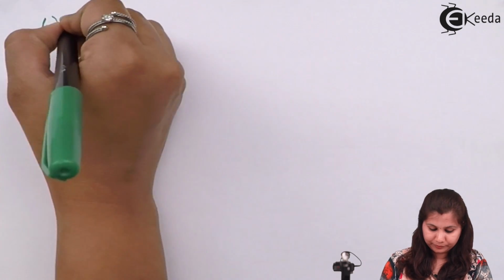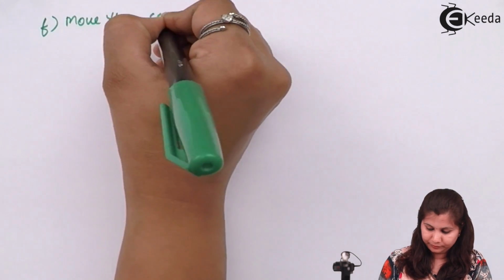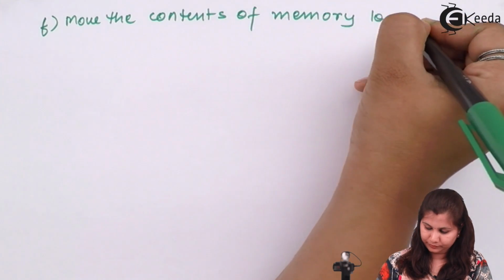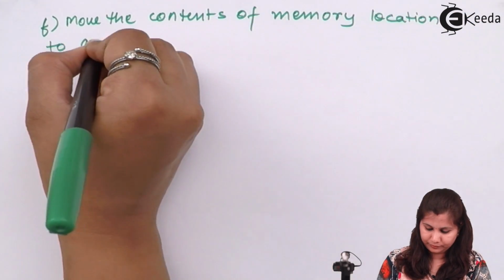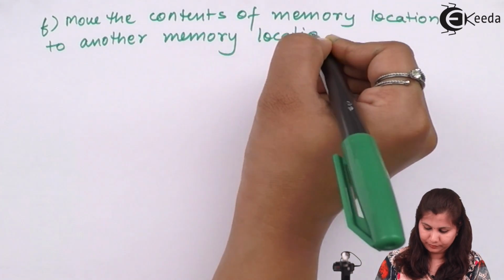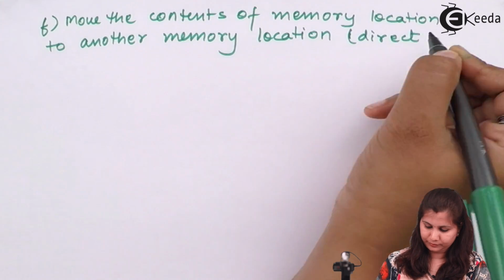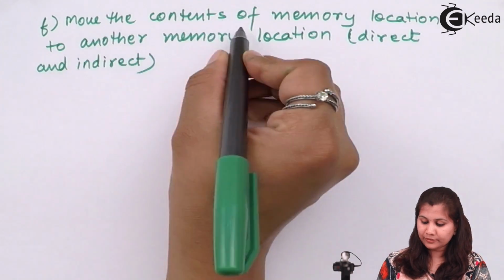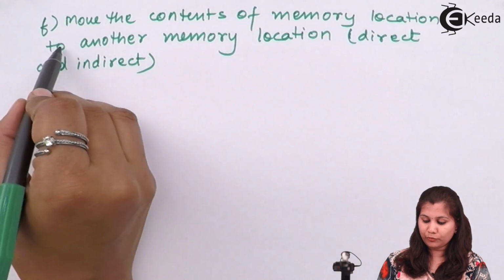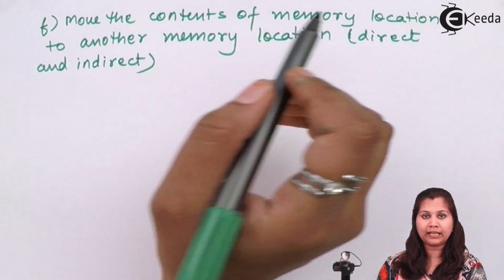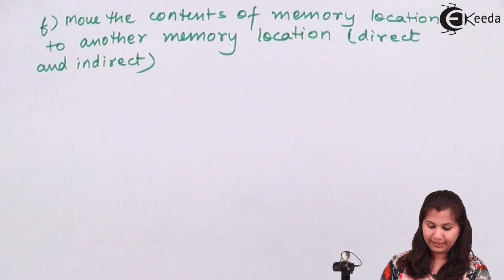Next we have the move instruction. In this, the contents of a memory location are moved to another memory location, and here we can use both direct and indirect addressing.